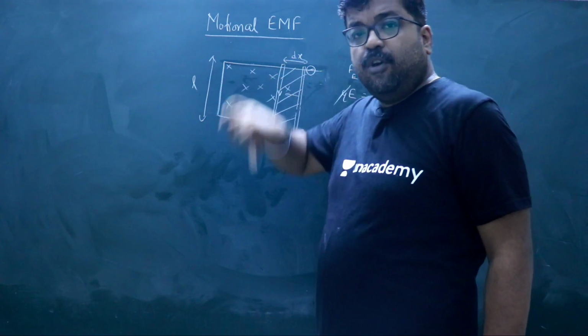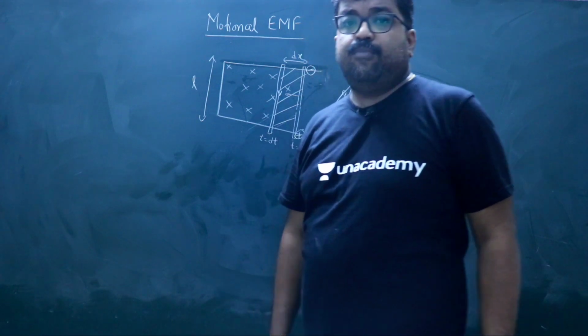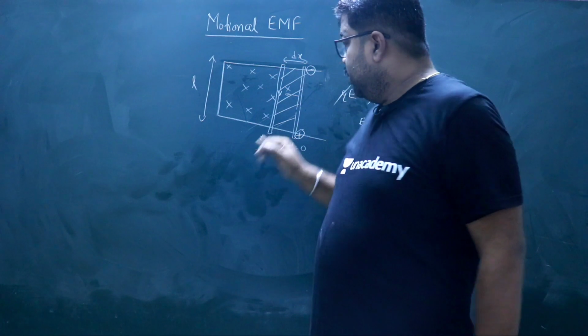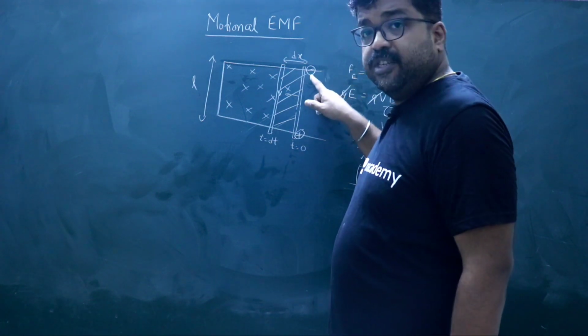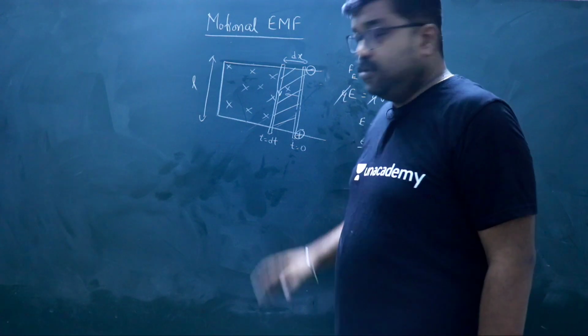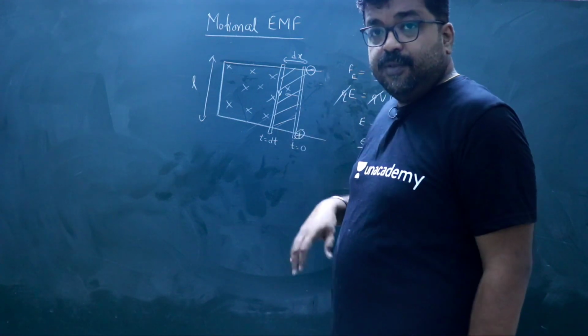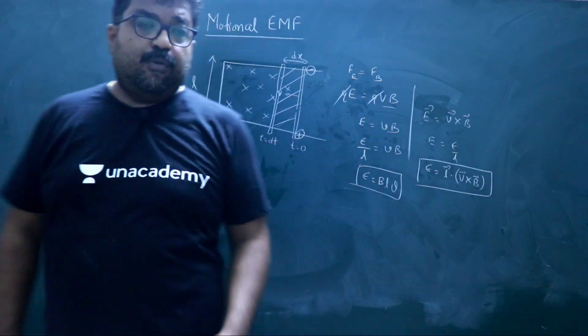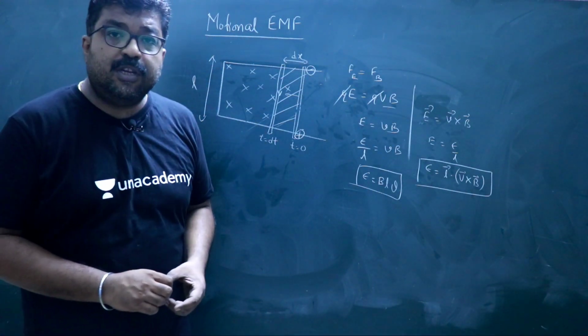So V cross B will always point in the direction of high potential. In this case, electrons are moving in the upward direction, so here you have negative potential, here you have positive potential. So this side you have high potential. So this is the expression for motional EMF, and these are the three approaches to the concept of motional EMF.